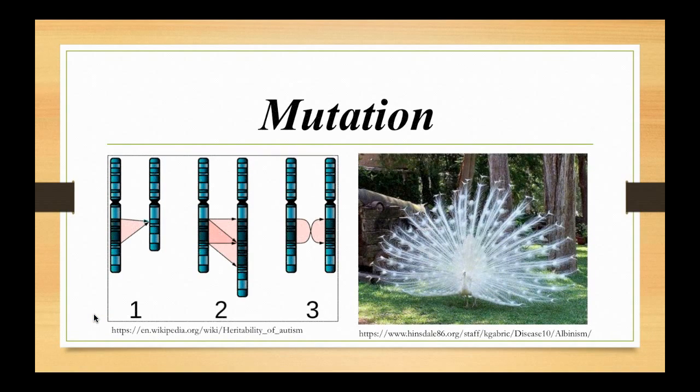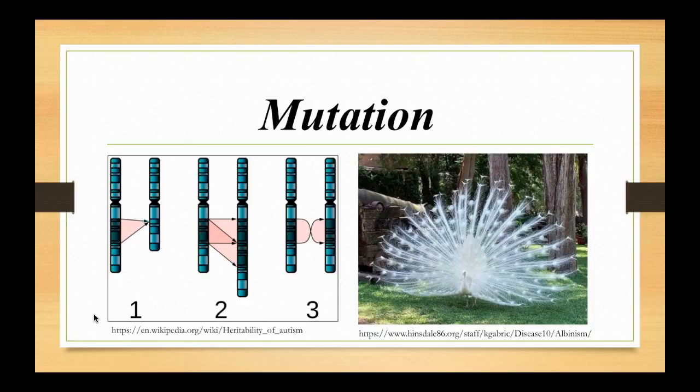So mutation refers to a heritable change in the genetic material. There are positive and negative sides to mutations. On the positive side, mutations are the foundation for evolutionary change that is needed for a species to adapt to changes in the environment.